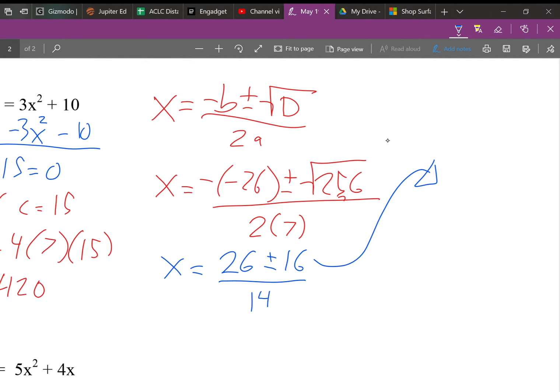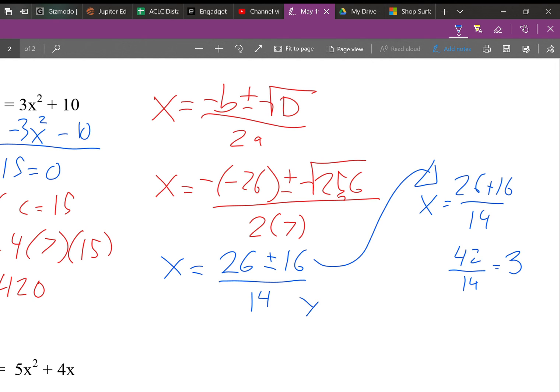So I'm going to have x equals 26 plus 16 over 14. I'm going to look crowded for space here. 26 plus 16 is 42. 42 over 14 is 3.